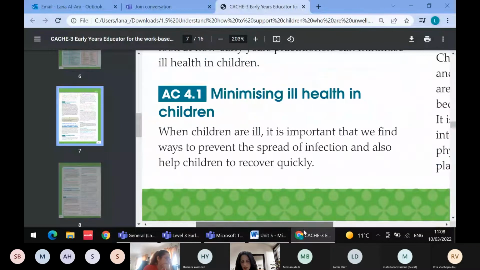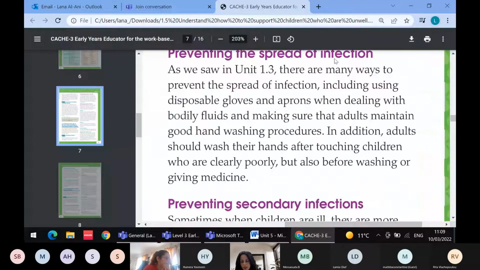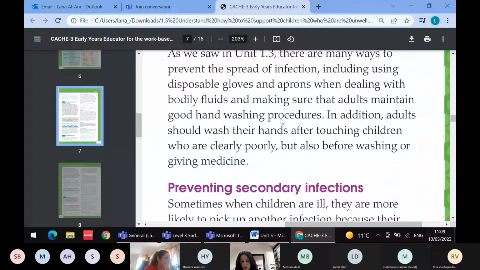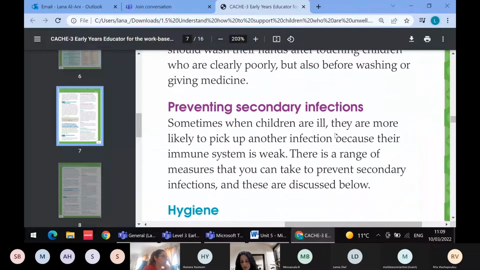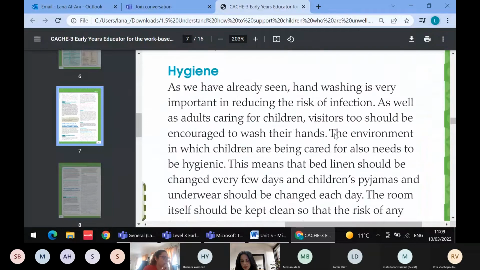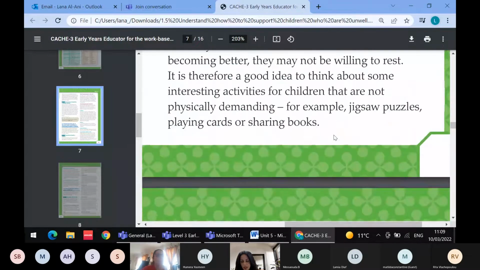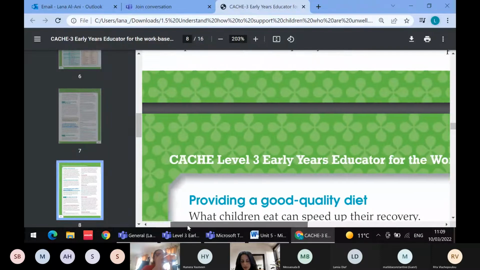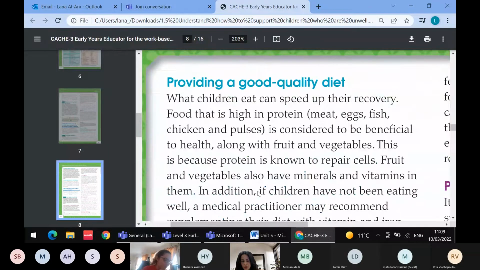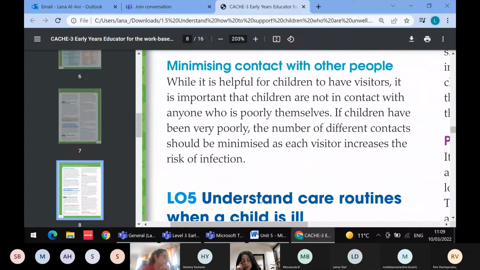So when I want to minimize infection, first of all, I do the preventing the spread of infection, preventing the secondary infection, and also all these points, which is hygiene, mobility, good ventilation, encouraging children to rest, and providing a good quality diet, and also minimizing the contact with others.